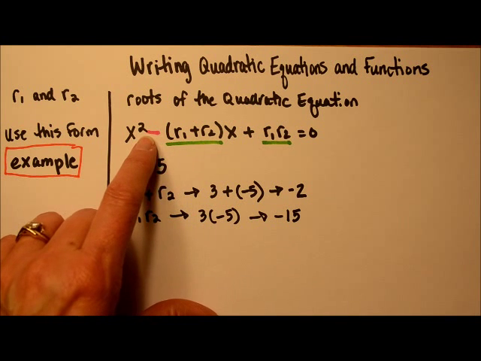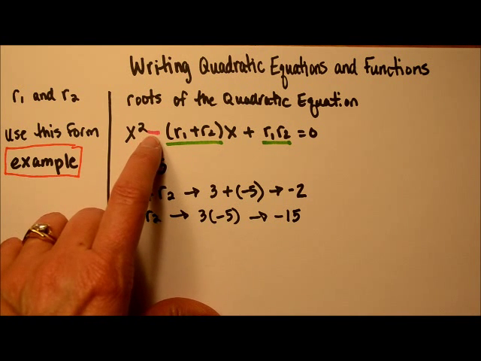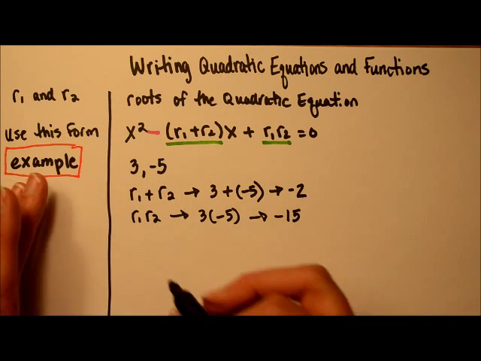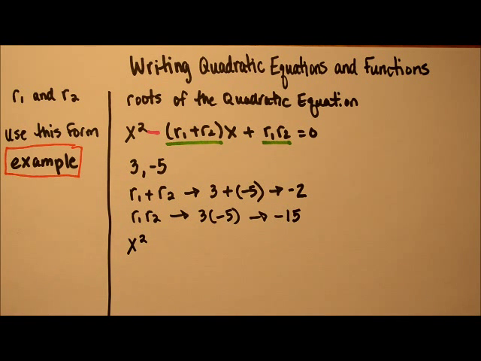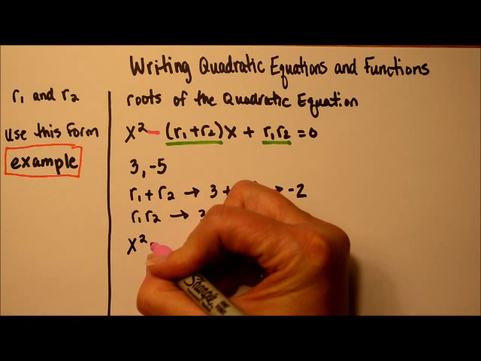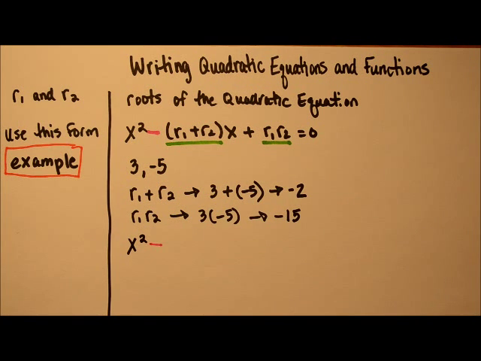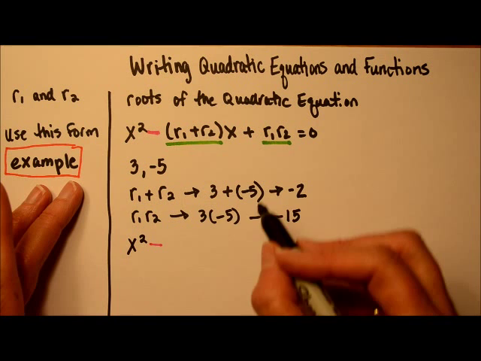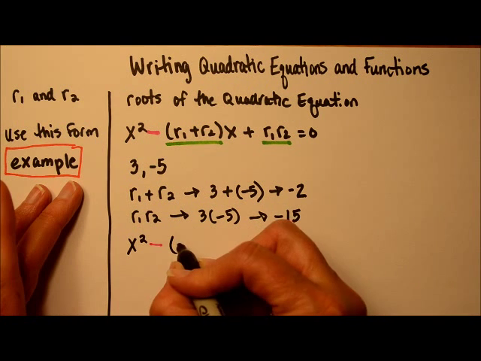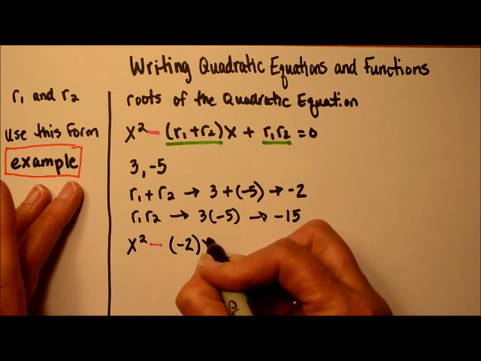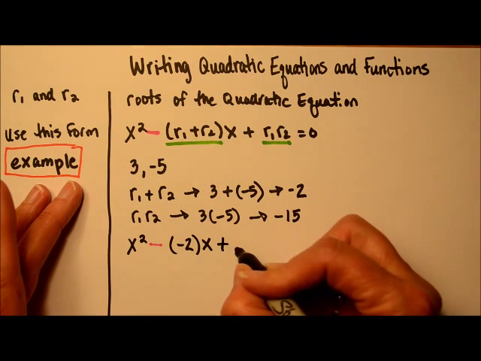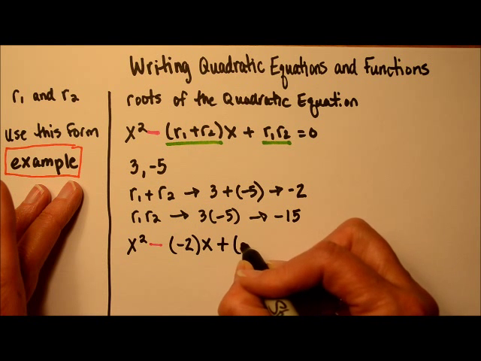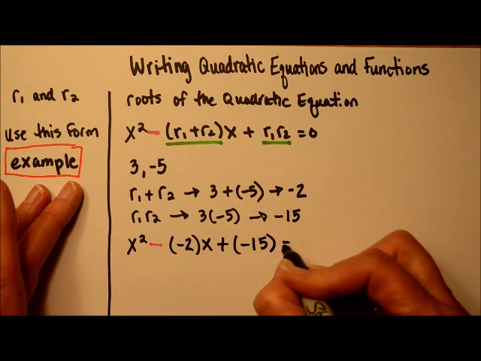Now the only thing you have to make sure of is that that's a minus sign. So I'm going to write it like this, so you see that I have a minus sign there that I cannot forget. My R1 plus R2 is -2x, and then plus this number here, -15, equals 0.